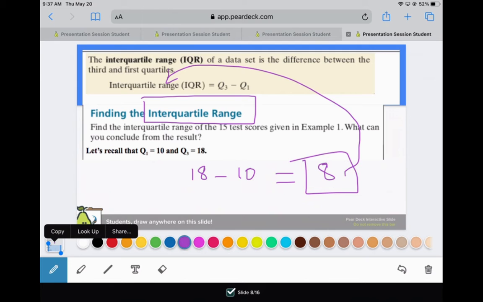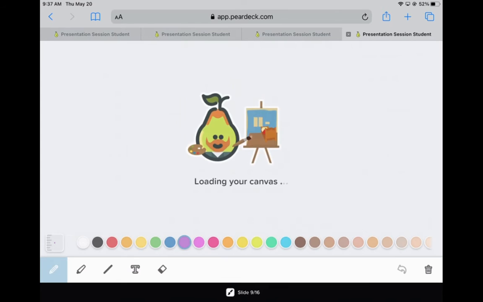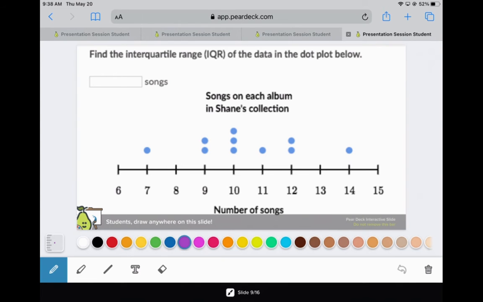So let's look at one of the Khan Academy problems that asks you to find the interquartile range. In here, I have a graph. We don't know Q1, we don't know Q3. Keep in mind this means Q3 minus Q1, but I don't know them.